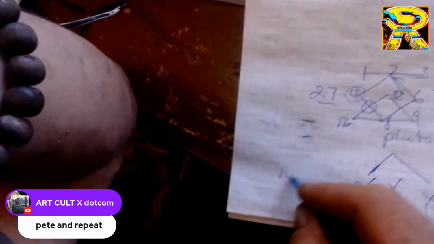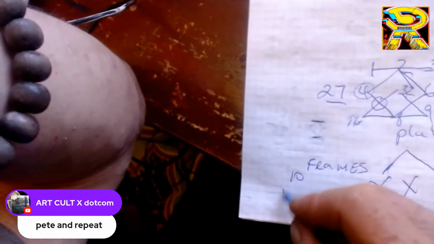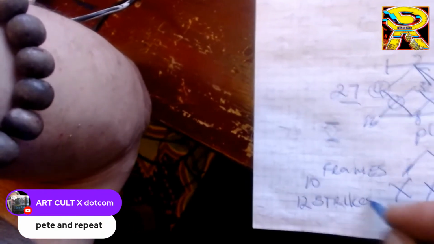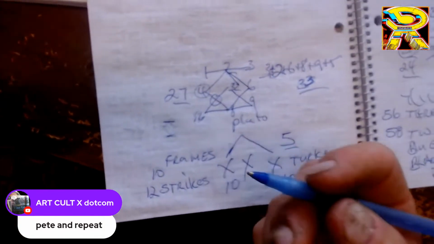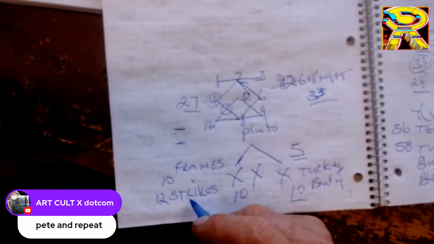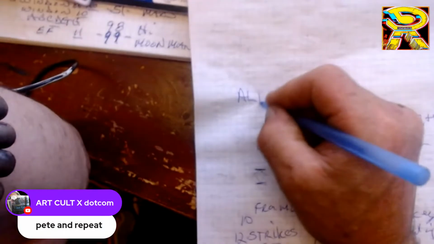Now we have 10 frames, but we have 12 strikes. In reality, it's all the answers, and that's the maximum answer. And you would get 300, which would be the alphabet.